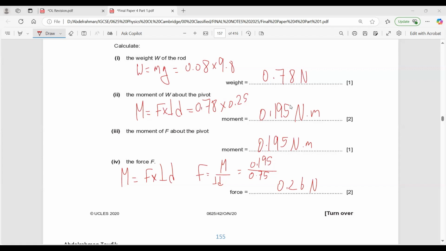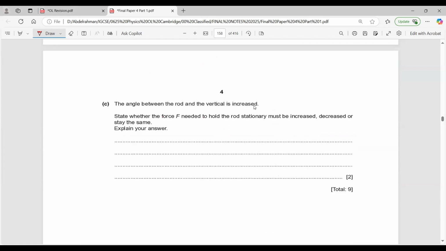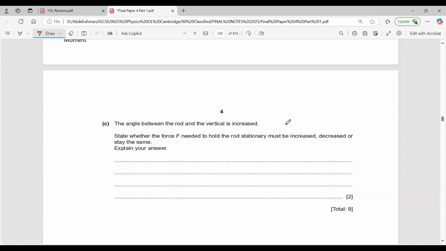The next question is asking about the angle. The angle between the rod and the vertical is increased. State whether the force F needed to hold the rod stationary must be increased, decreased, or stays the same. What does it mean that the angle is increased?